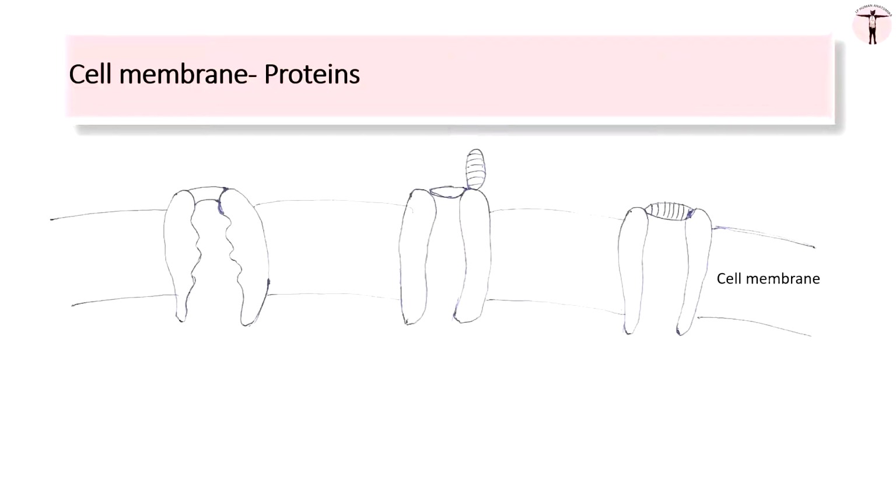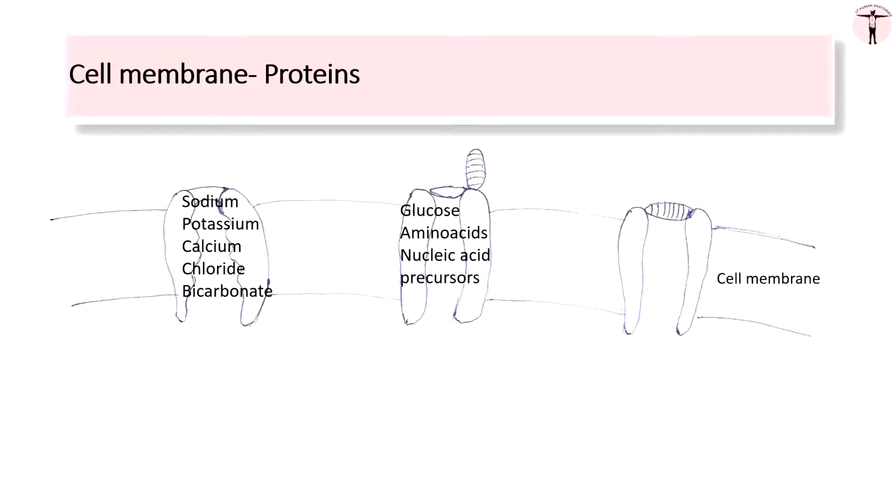Numerous transmembrane proteins act as channels permitting selective permeability to ions like sodium, potassium, calcium, chloride and bicarbonate. The passage of smaller molecules like glucose, amino acids and nucleic acid precursors also takes place through these routes.